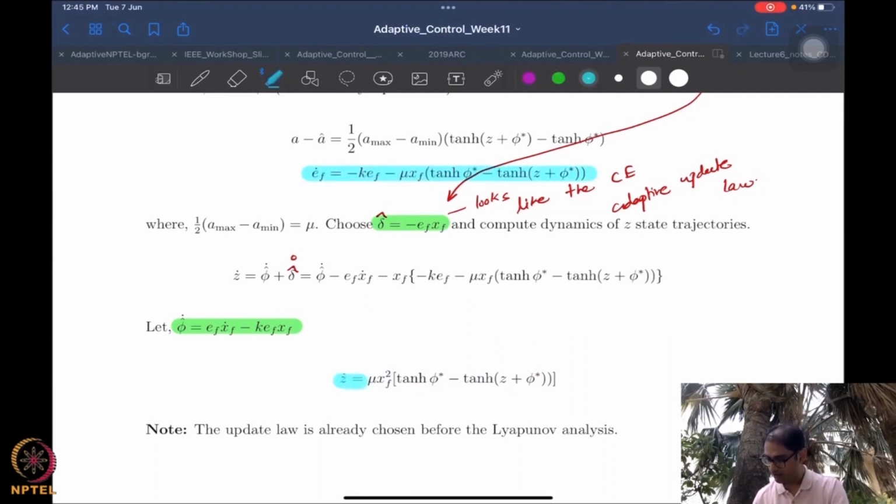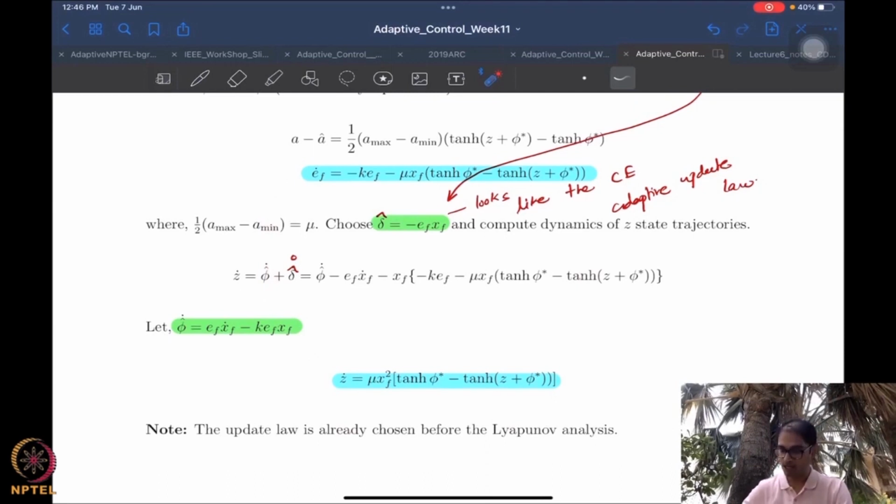So this is the EF dot, and this is the Z dot equation. These are the two equations that are required anyway, because we have essentially these two variables, EF and Z. XF and all are of course functions of these, so we don't have to worry about that right now. So we want to do a stability analysis of this closed loop system now. All right, so let's see how we do it.